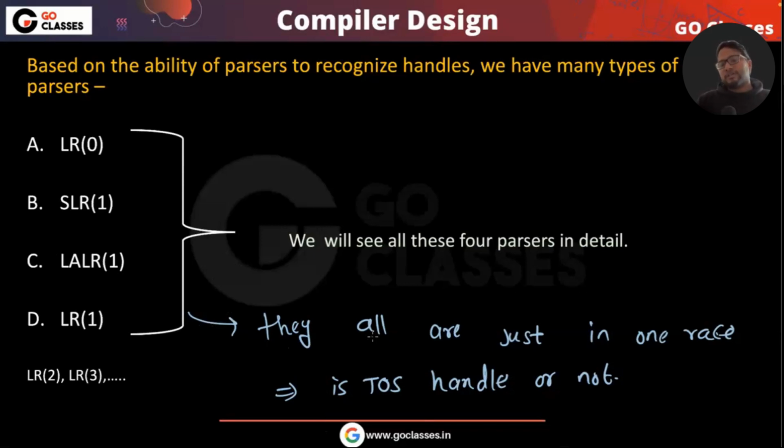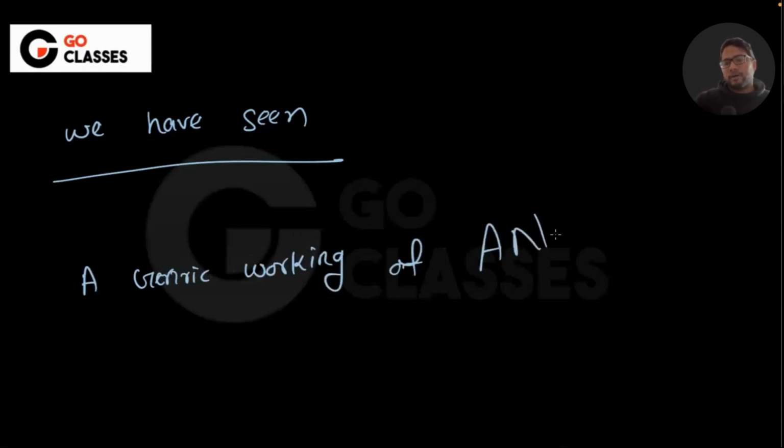Take care. Just to summarize what we have seen in this lecture: the generic working of any bottom-up parser, that is, how does a bottom-up parser work?